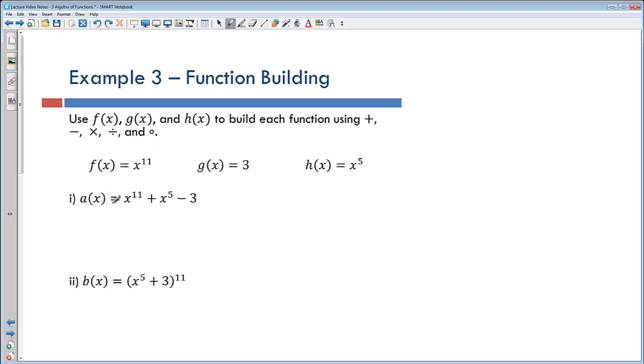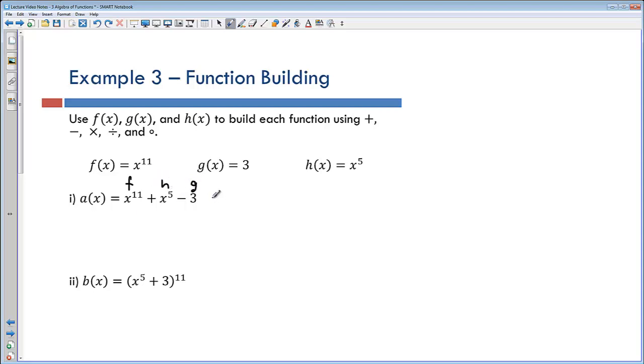So here's a function, a of x, x to the 11th plus x to the 5th minus 3. If you look above, you see that this function is made up of these functions with these various operations. In fact, you can even write here, this is f, this is g, and this is h.